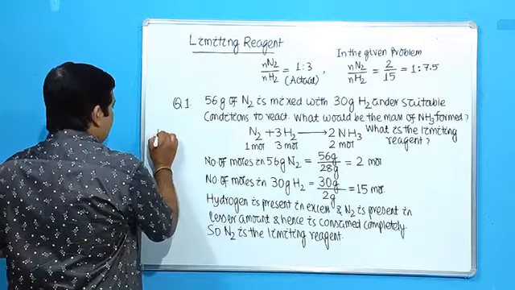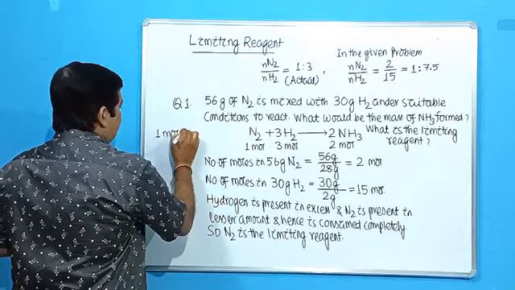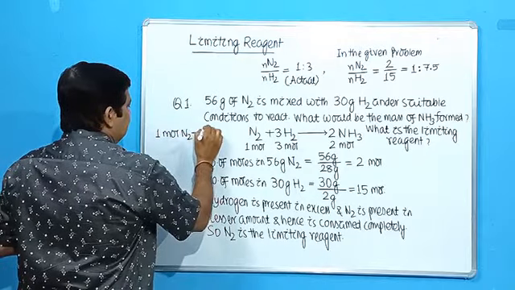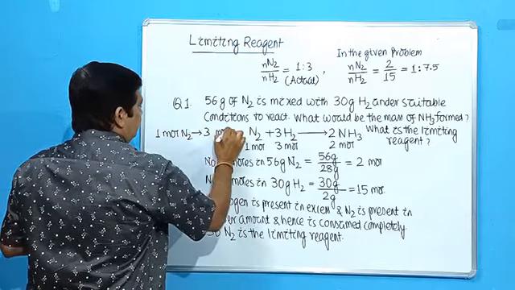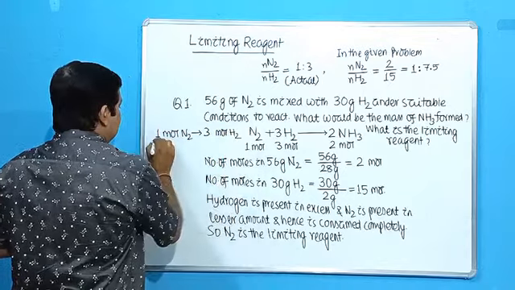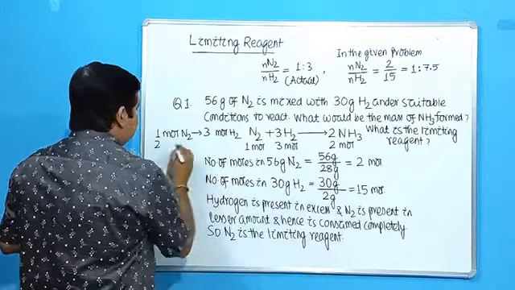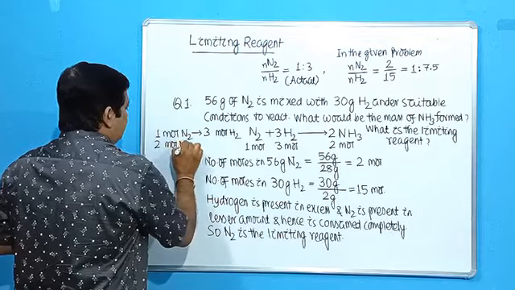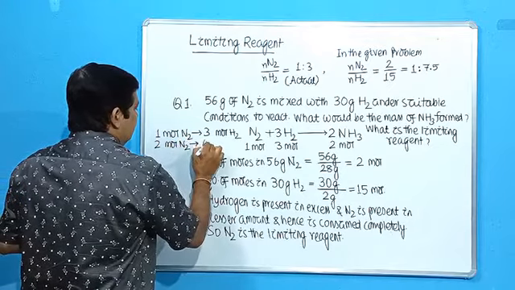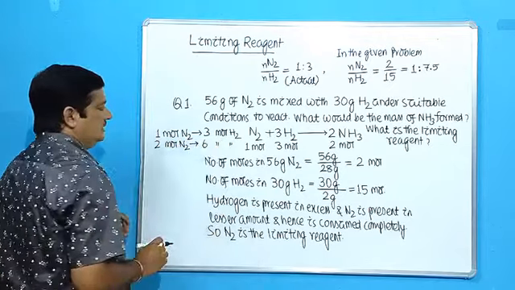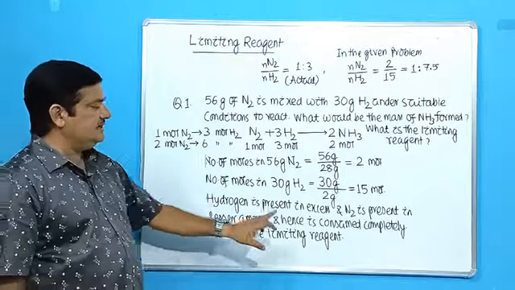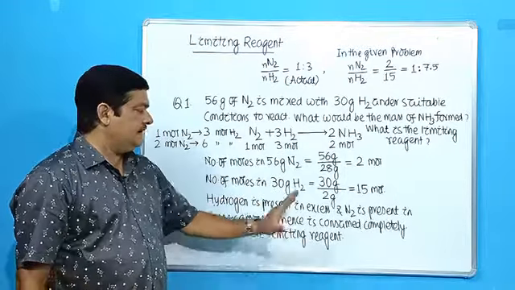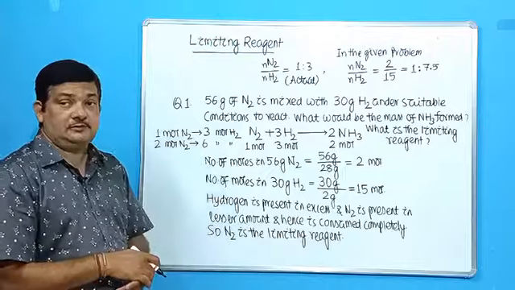So you have to write like this: 1 mole nitrogen requires 3 moles hydrogen. So 2 moles nitrogen will require how many? 6 moles hydrogen. That means hydrogen is present in large excess, and nitrogen is present in lesser amount.